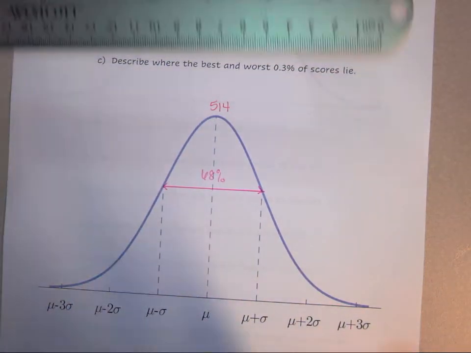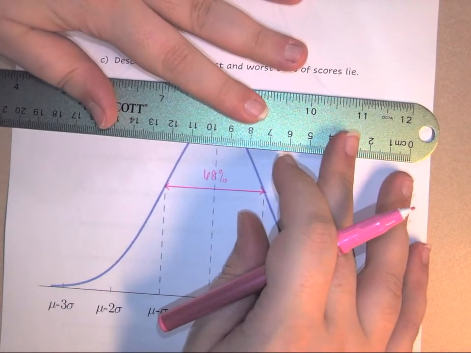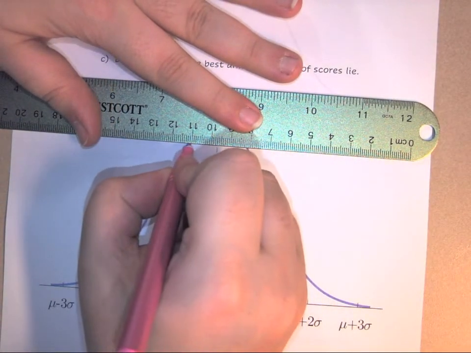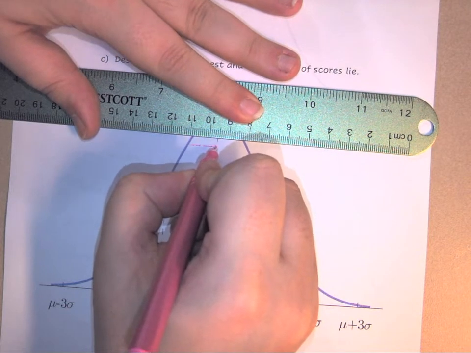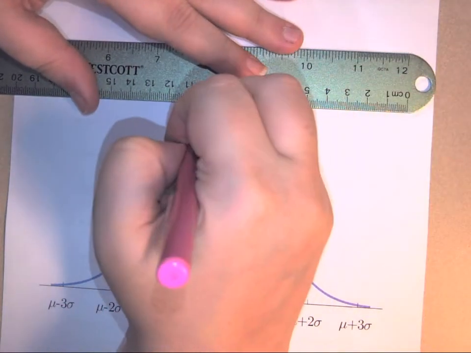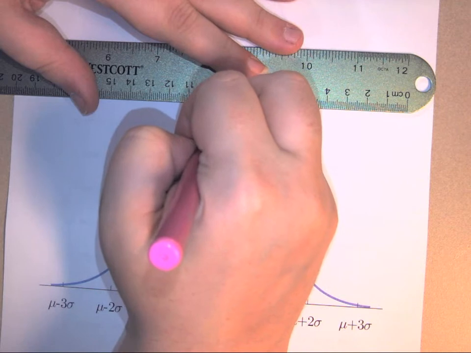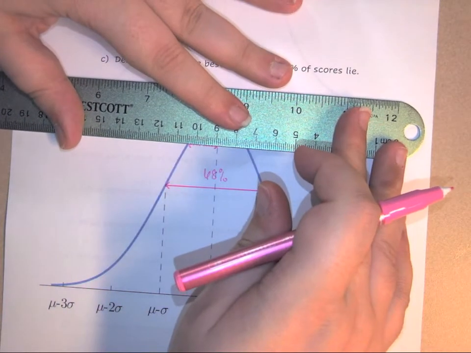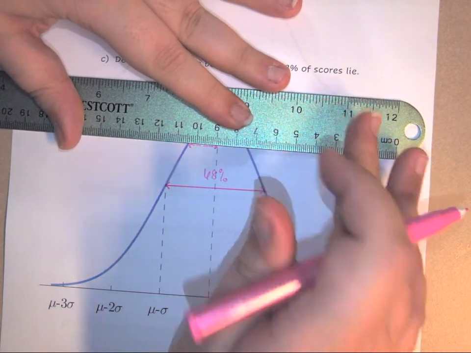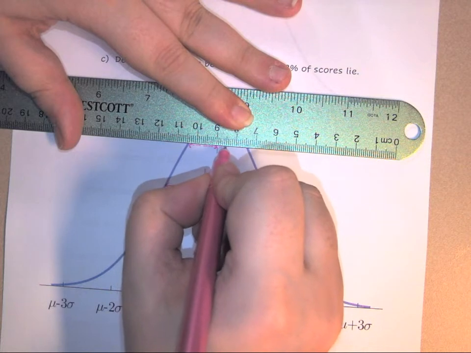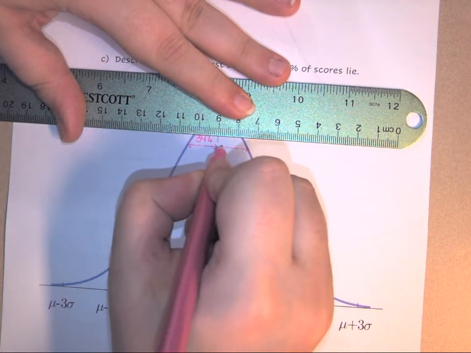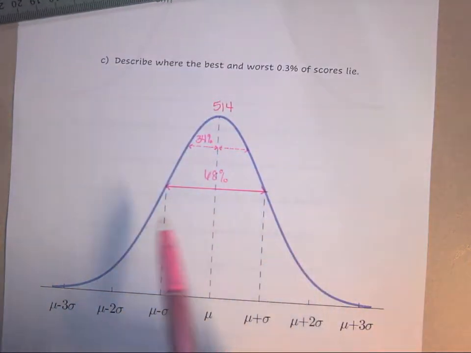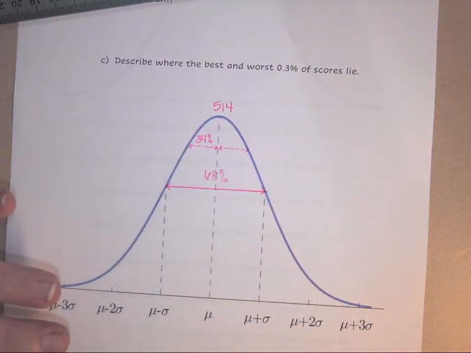That's because this individual piece right here is going to represent 34%. And both of these individual pieces are exactly the same, so they would be the same percentage of your data points. As a whole, they represent 68% of your data.